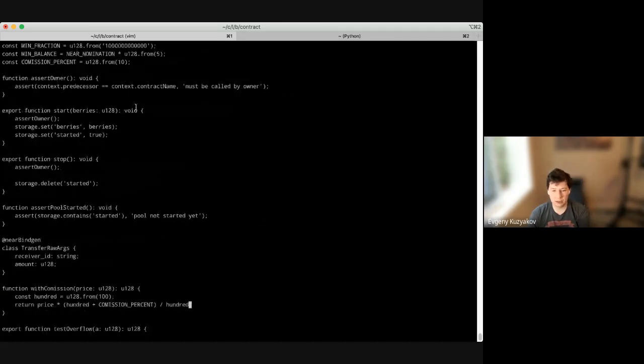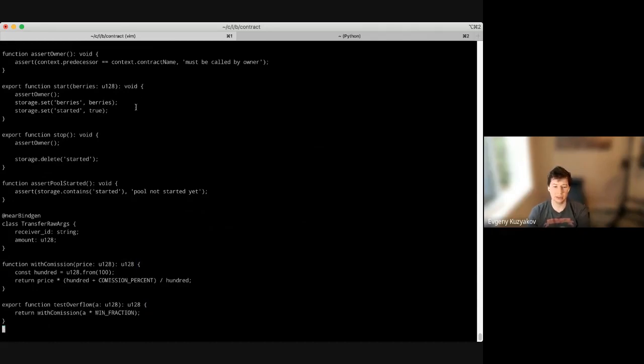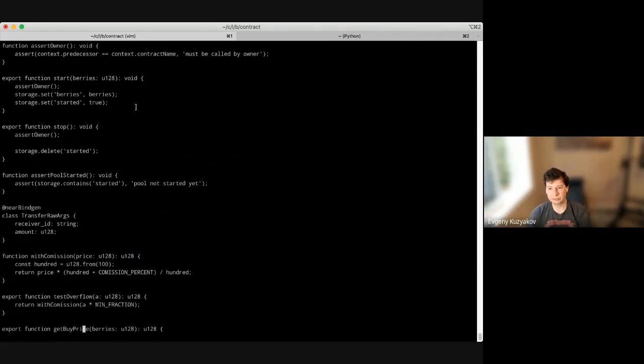At the same time, you can first divide by 100 and then multiply by commission. That will also get rid of overflow here, because of min fraction, it's divisible by 100, so you don't lose precision. There are multiple ways of addressing it on this contract.